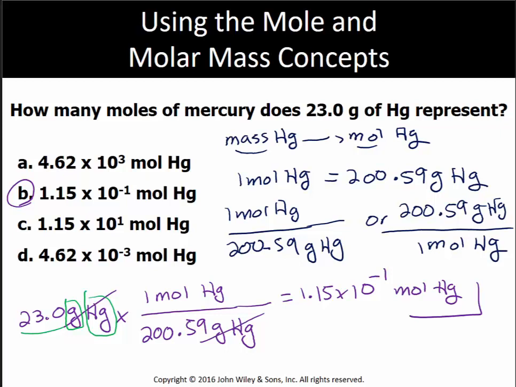These types of calculations are going to get more complicated, so we want to get used to the habit of writing everything now, because later on it's going to be hard. This is the only correct format for writing this. I have 23.0 grams of mercury, so next to each quantity number, there has to be a unit, and there has to be a chemical formula that represents that quantity.